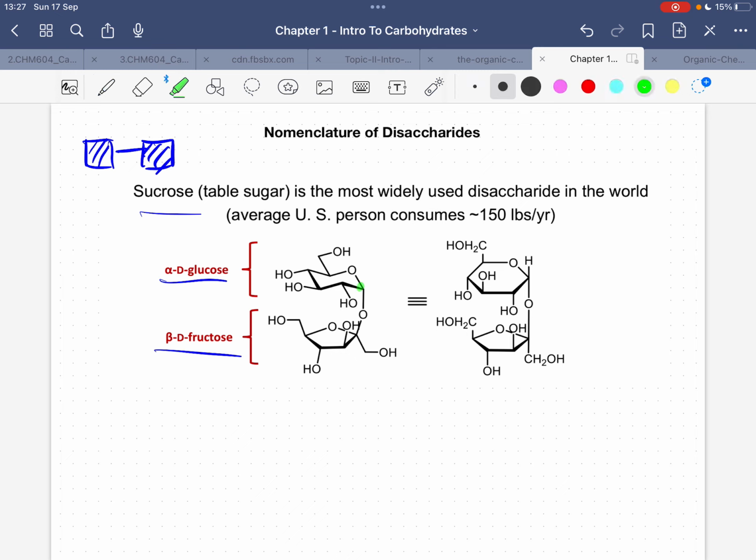Alpha because, with respect to the anomeric carbon, the O, which is OH before it became a disaccharide, is down. That's why it's alpha. Beta D-fructose because the anomeric OH is, oh sorry, this is the anomeric OH, and this is beta relative to the structure of fructose. Okay.